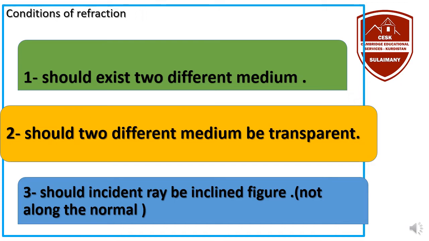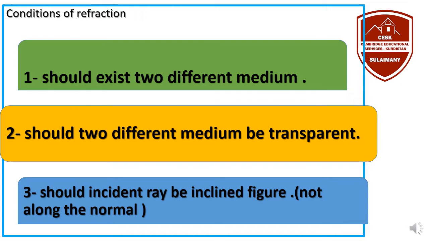Number 2, the 2 different mediums should be transparent. What does transparent mean? Not metal, not dark, it should be transparent, like air, like glass, like glycerine liquid.